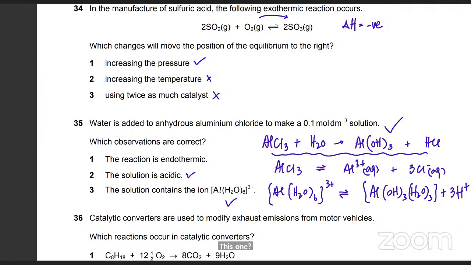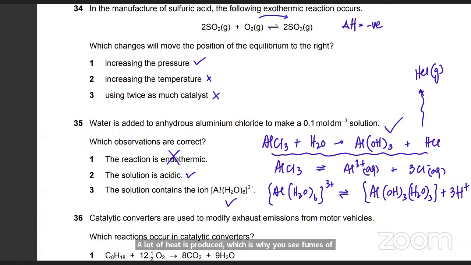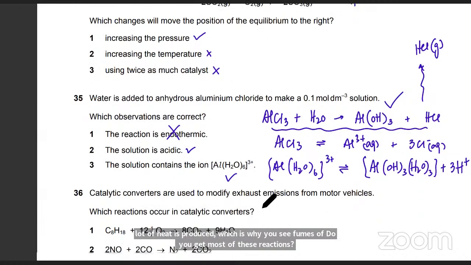Is this a vigorous reaction, or is it a strong hydrolysis or weak hydrolysis? So strong hydrolysis hota hai. It's a very vigorous reaction and it produces a lot of energy. So it's an exothermic reaction, not an endothermic reaction. A lot of heat is produced, which is why you see fumes of HCl gas. Most of these hydrolysis reactions are very exothermic and they're very vigorous.